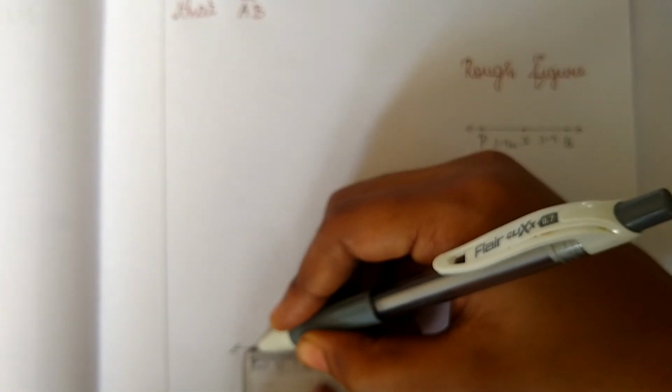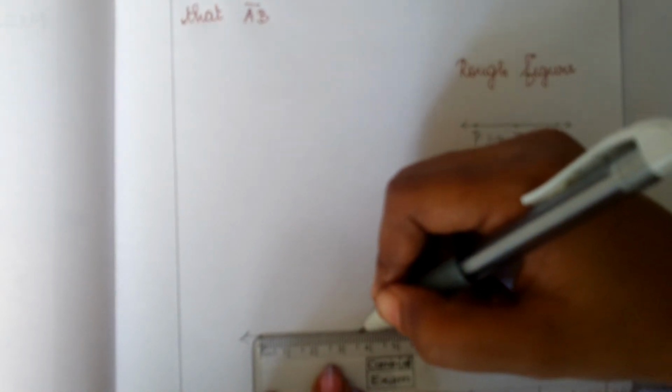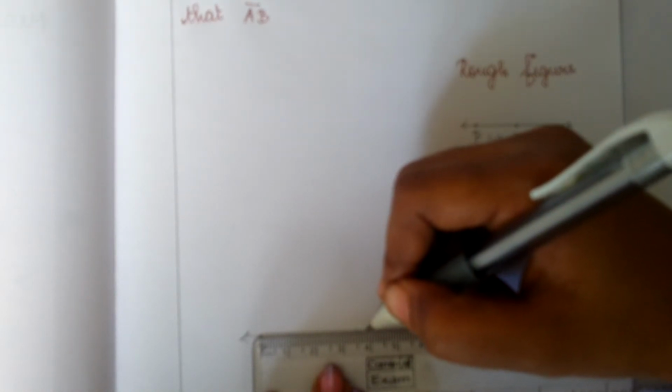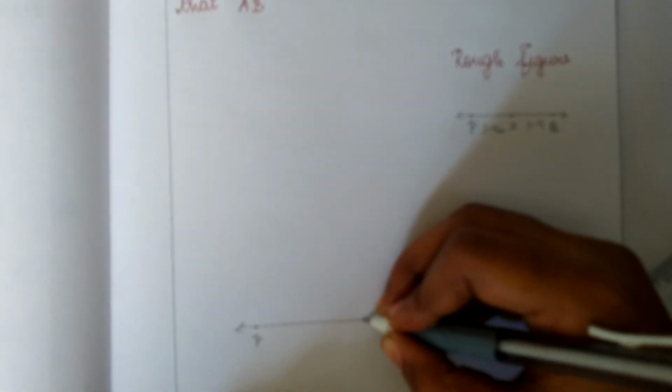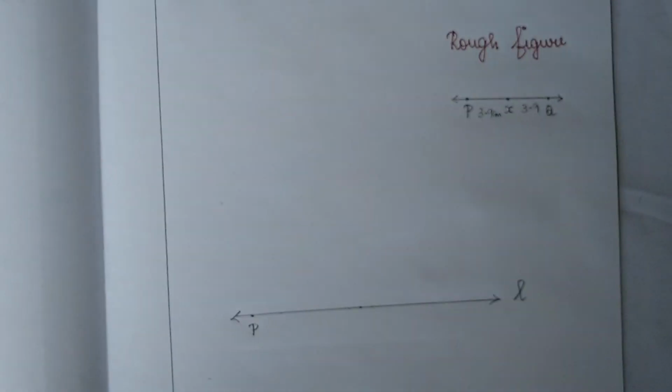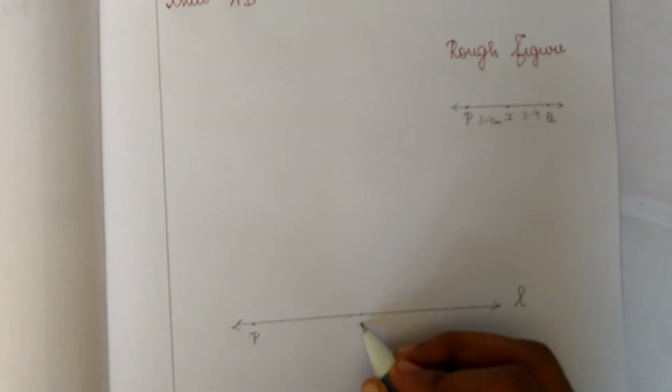PX equal to 3.9 centimeter. 0, 1, 2, 3, 3.5, 3.6, 3.7, 3.8, 3.9. We plot the point. Mark it as X.